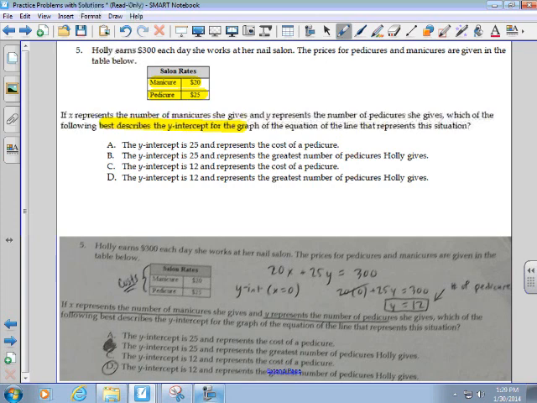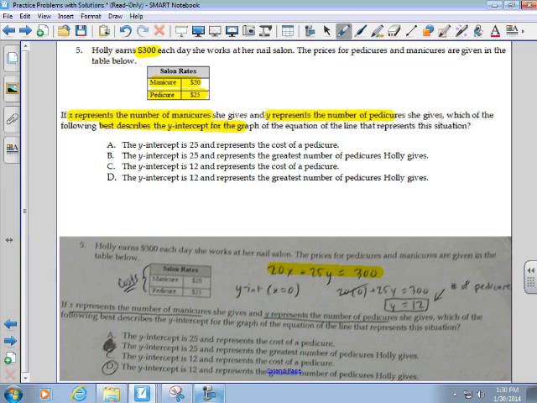Normally you take the first object and you call that your x, and then the second object is your y, the pedicures. So in this case it's $20 each manicure, so you say 20x, plus $25 each pedicure, 25y, equals 300, which is the total money, which was up at the very top of the problem.